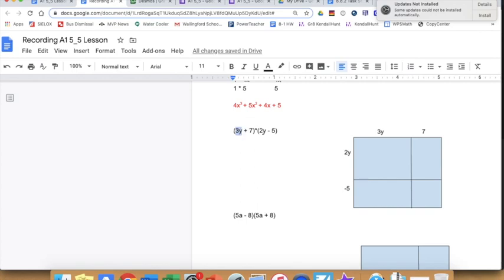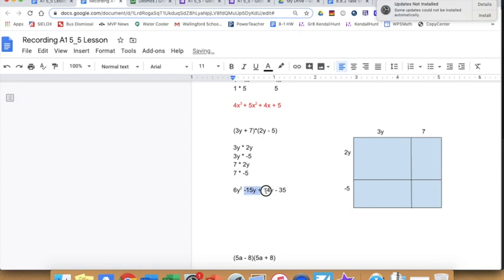Like that next one. The first terms, 3y times 2y, and 3y times negative 5, and then we're distributing the 7. So 7 times 2y, and then 7 times negative 5. Alright, so that gives us 6y squared minus 15y plus 14y minus 35.